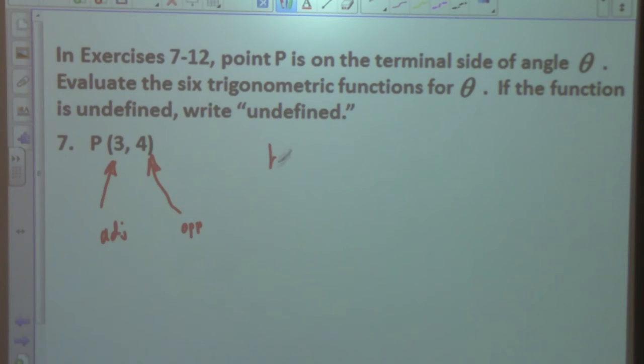So your hypotenuse is going to be equal to the square root of opposite squared plus adjacent squared.